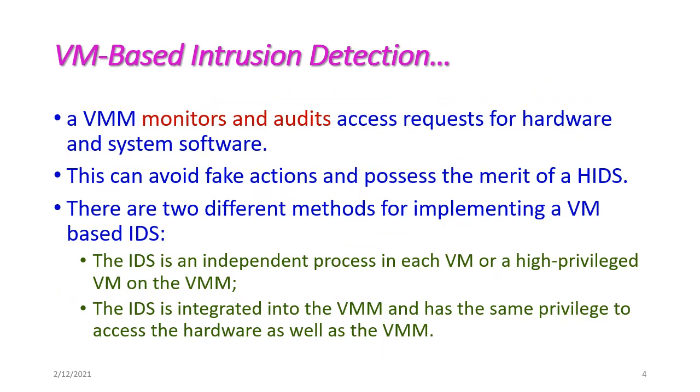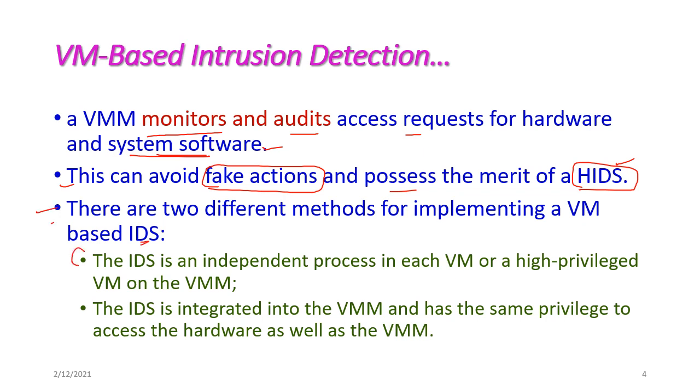The virtual machine monitor monitors and audits the access requests for hardware and system software, and this can avoid fake actions and retain the merit of host based IDS. And there are two different methods implemented on VM based IDS, that is virtual machine based IDS.